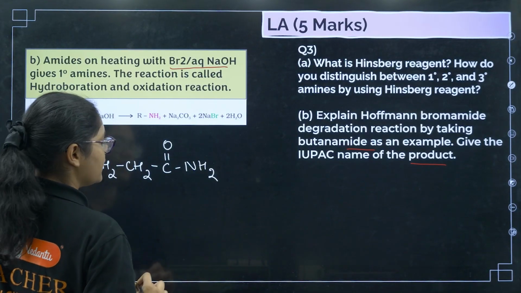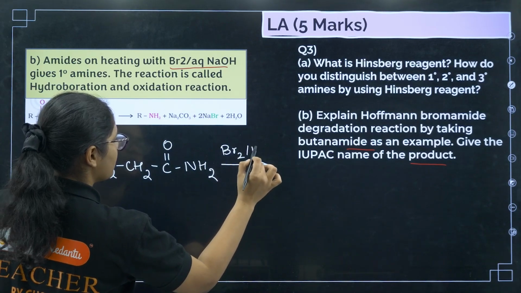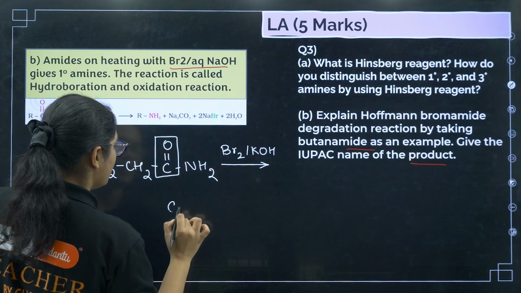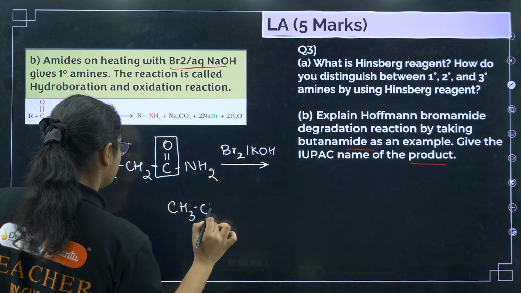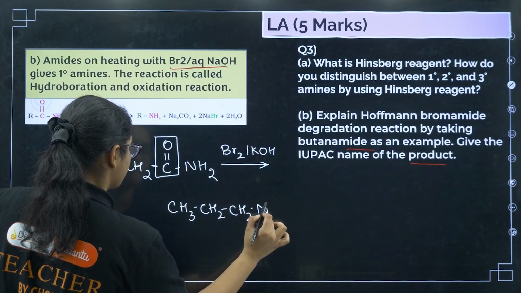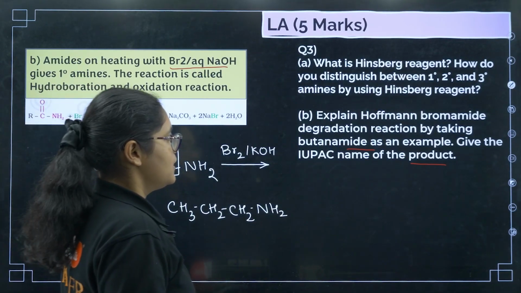This is butanamide. When I am treating it with Br2 and KOH, what will happen? This group will be removed and I will get CH3, CH2, CH2, NH2. That is your propanamine. Okay, next.